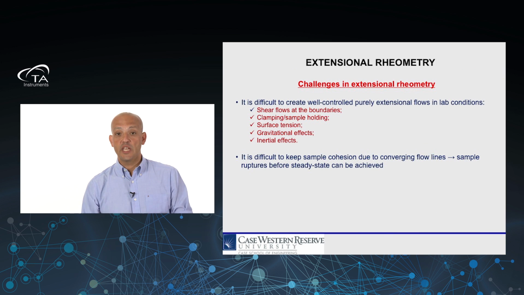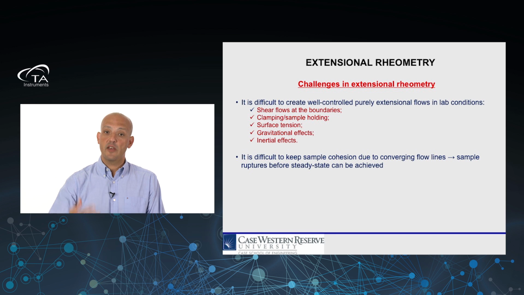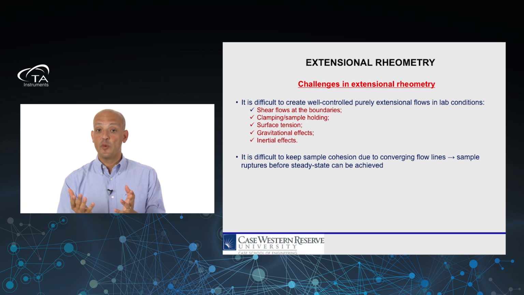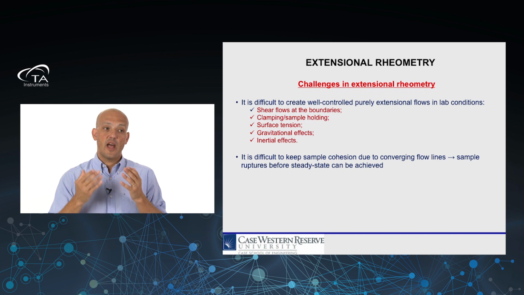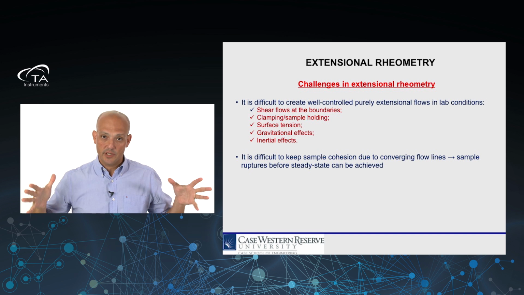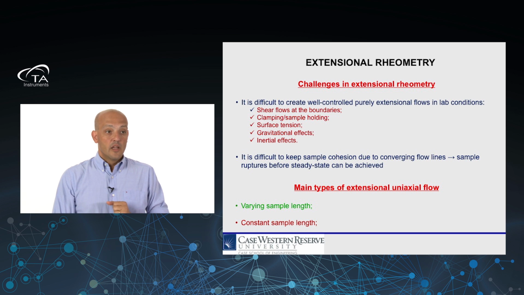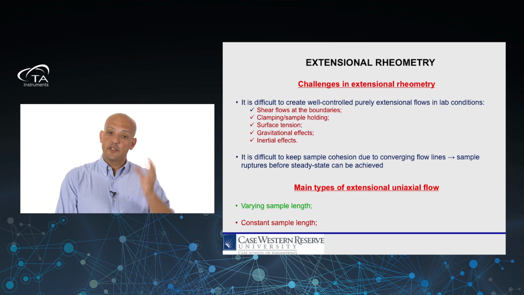So going back to the challenges that we have, so now we have challenges of two natures. One is an intrinsic problem, which is the fact that we have converging flow lines. The other one is an experimental problem. How do we create the purest extensional flow possible? Okay, uniaxial flow is the type of flow that's been most studied of those three that I told you earlier for two reasons.